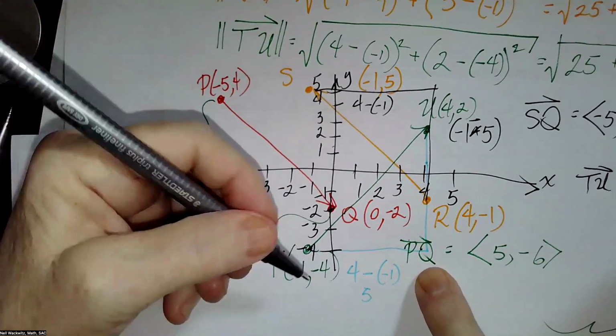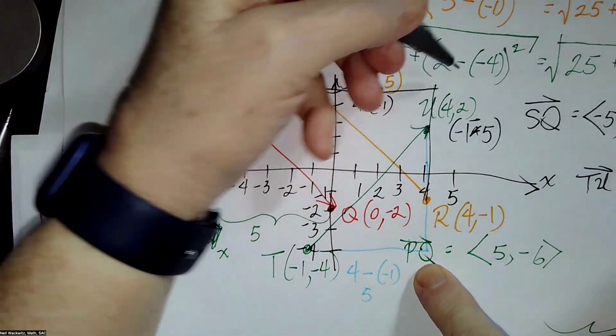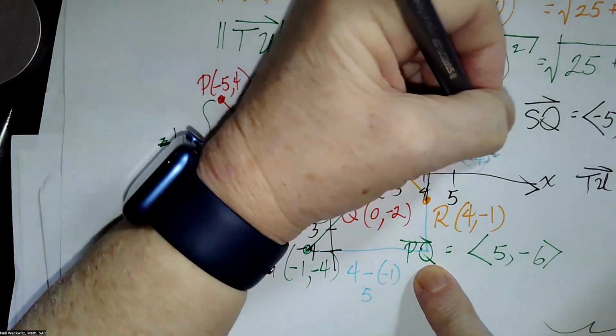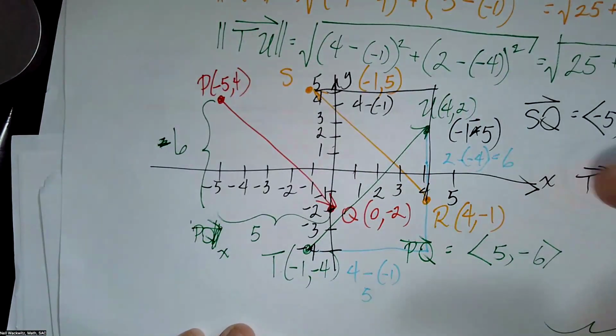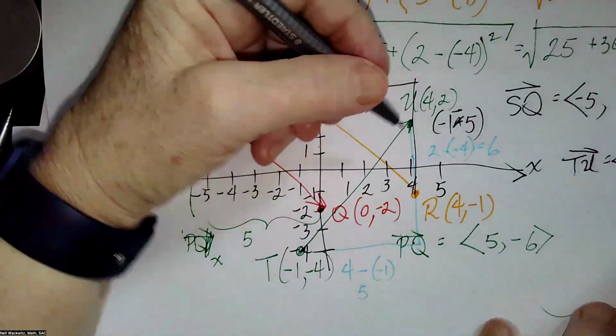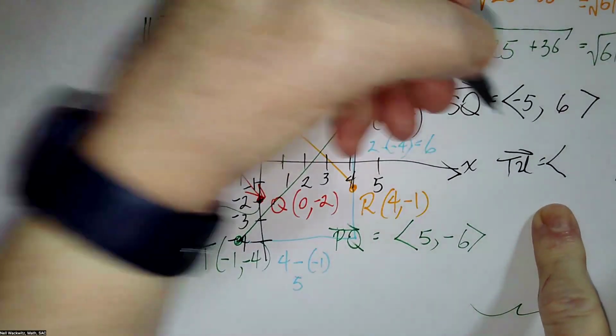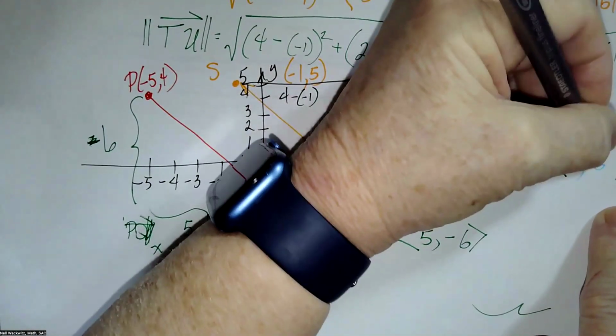The y displacement is 2 minus -4, or 6, and it's also positive. So we would say that TU is 5, 6.